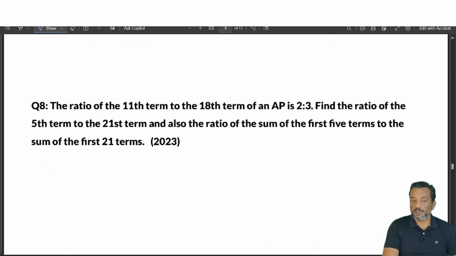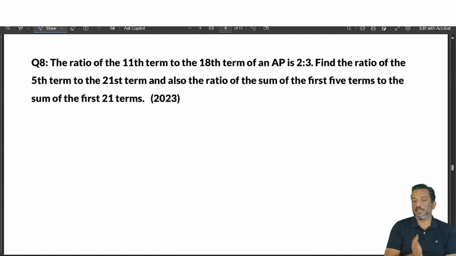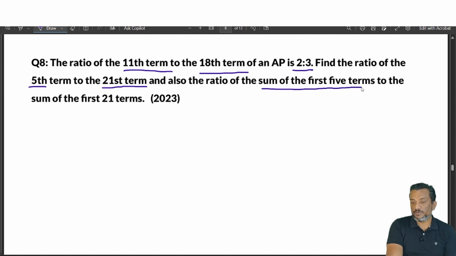Now coming to this one again, like the first 2024 first question, similar type. It is saying the ratio of 11 terms to 18 terms of an AP is 2:3. Find the ratio of fifth term to 21st term. Also the ratio of the sum of first 5 terms to the sum of first 28 terms.